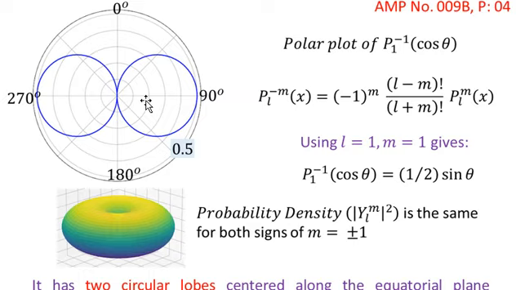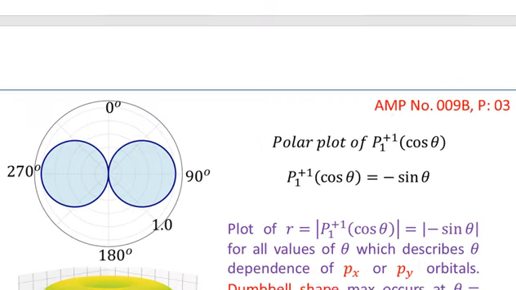With all possible values of phi, this will appear like the form of a donut or a torus, as shown in this figure. But in this particular case, as I mentioned, the value of the radius is 0.5, whereas in the previous case, the value of the radius was equal to 1.